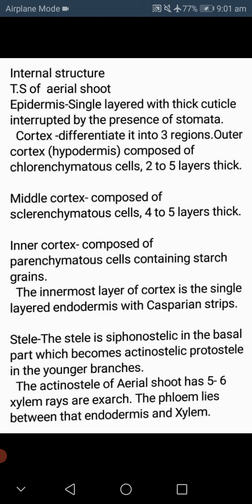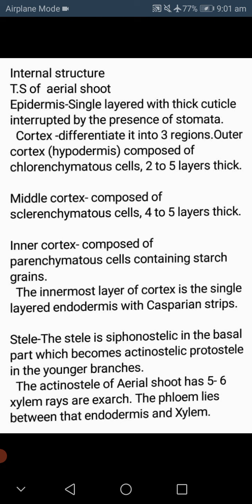The stele is siphonostelic in the basal part, which becomes an actinostelic protostele in the younger branches. Means in the basal part, the stele is the advanced type, that is siphonostele. What is a siphonostele? A stele in which the xylem is surrounded by the phloem, and inside the xylem there is a pith or medullary rays.